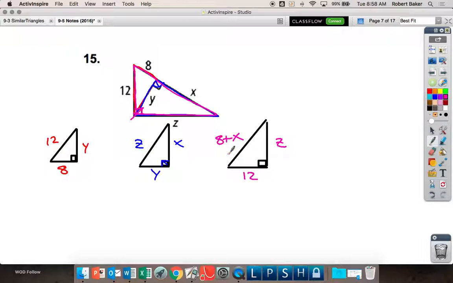So is there 2 triangles that both have X? Yeah? The small triangle and the large triangle both have X. You're the ones that wanted to do this. You have to start struggling through it.